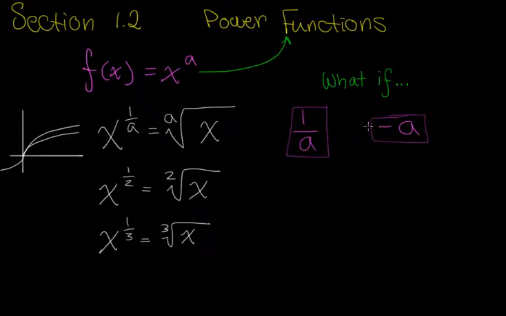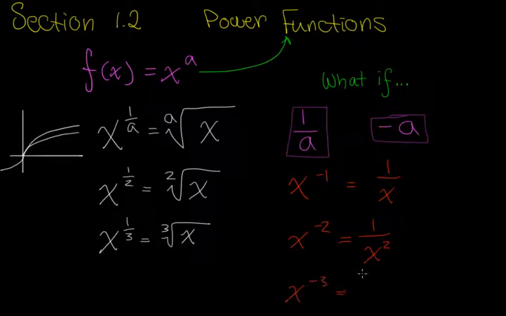What if the exponent is negative? When the exponent is negative, we get what is called the reciprocal function. We can rewrite, for example, x to the negative 1 as 1 over x. X to the negative 2 is the same as 1 over x squared, and x to the negative 3 is the same as 1 over x cubed.